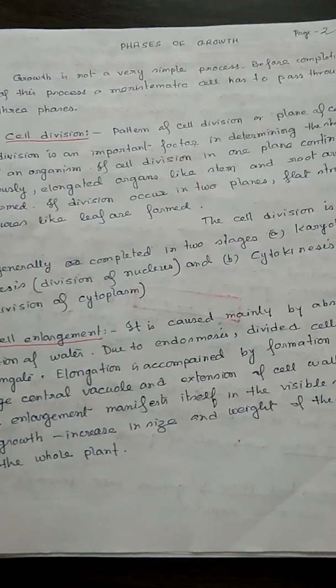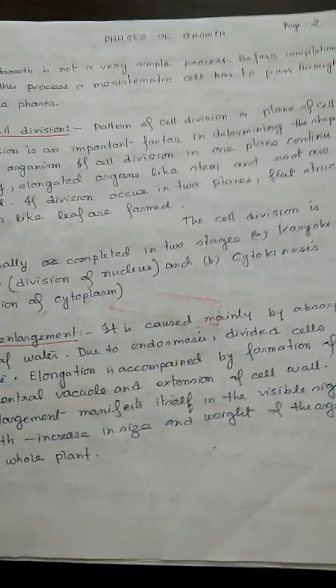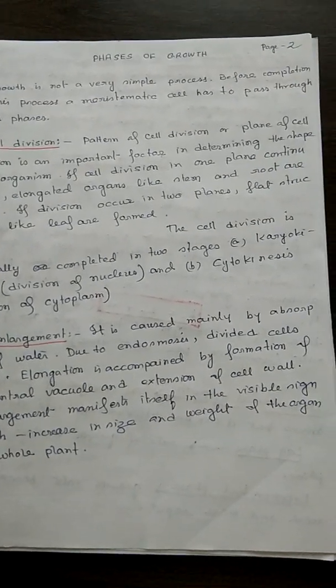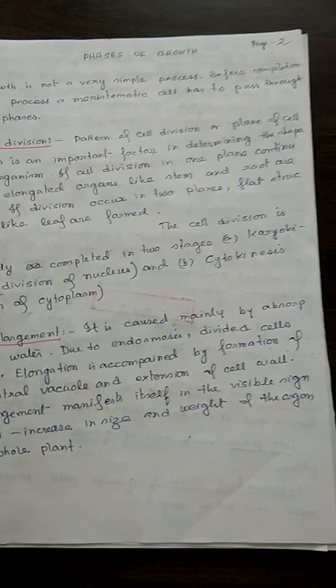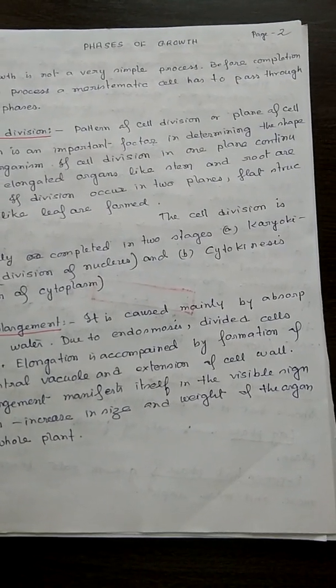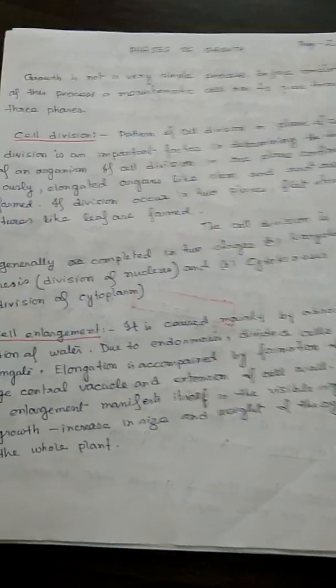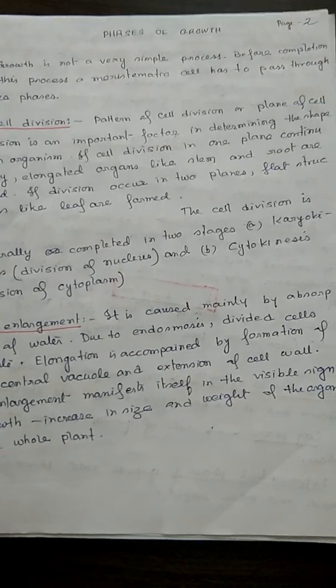Patterns or planes of cell division are an important factor determining the shape of the organism. If the cell division is continuously in one plane, then an elongated organ like the stem and the root forms, and if the cell division is in both planes, then a flat structure like a leaf is formed.